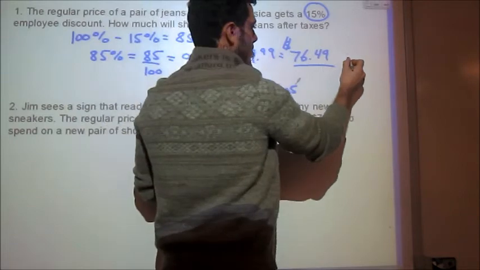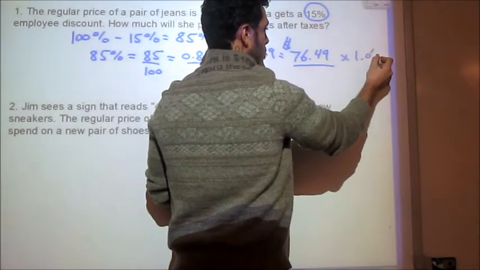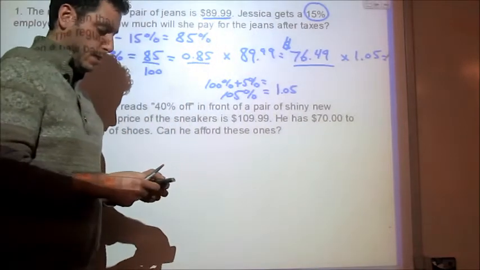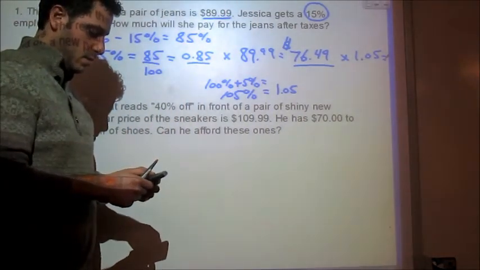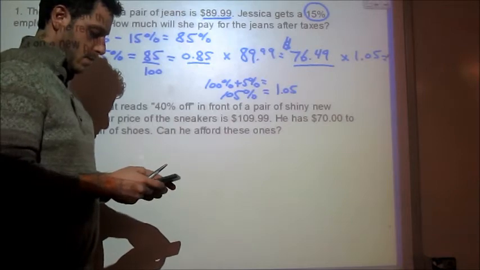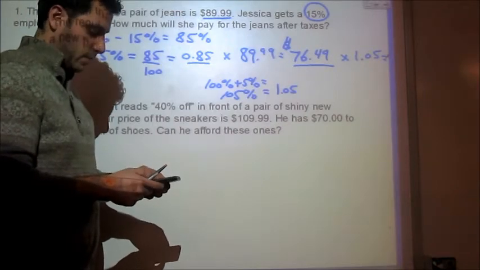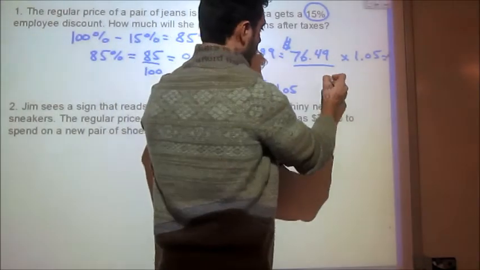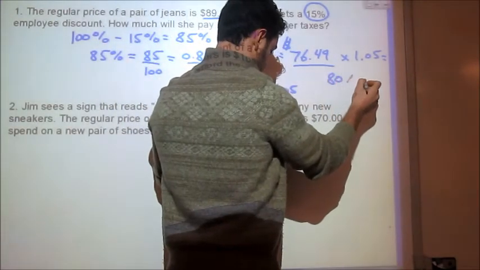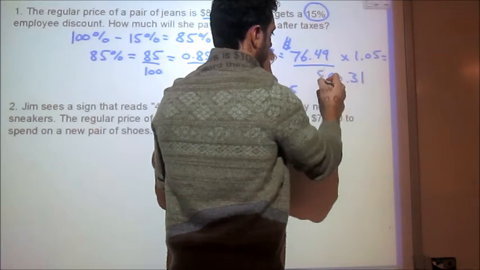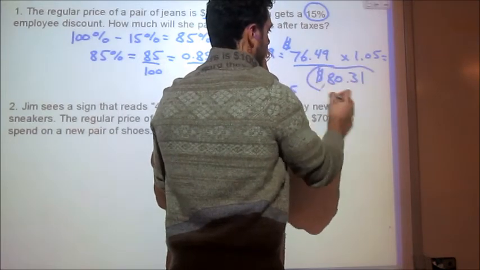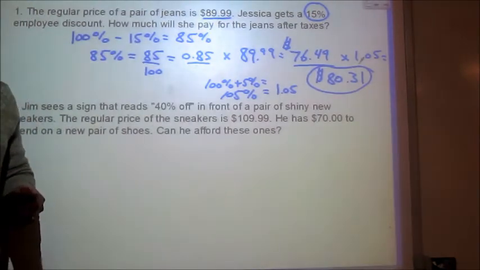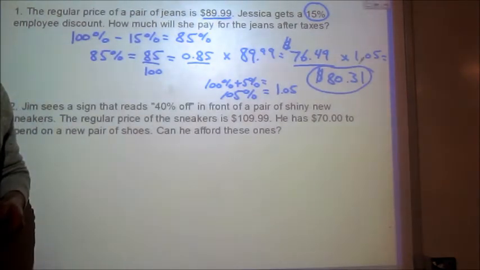And then multiply this by the new discounted price, which is $80.31. So with her discount, Jessica is going to pay $80.31 for that new pair of jeans.